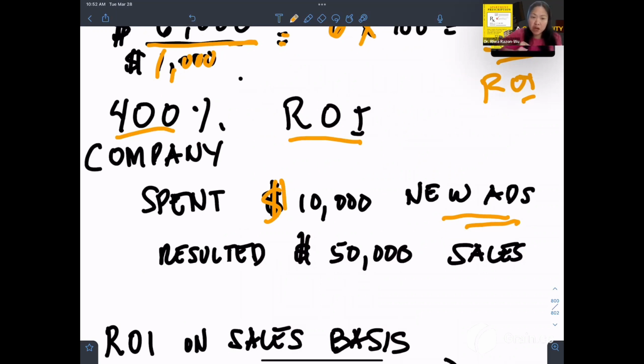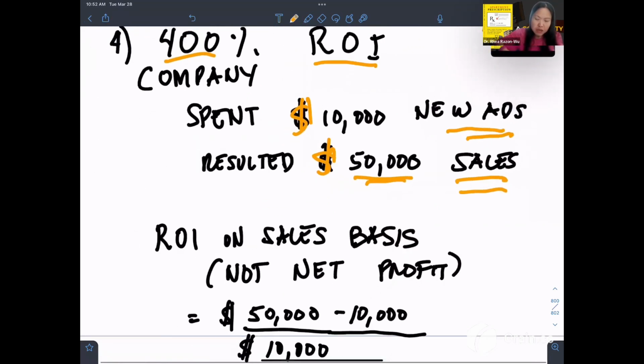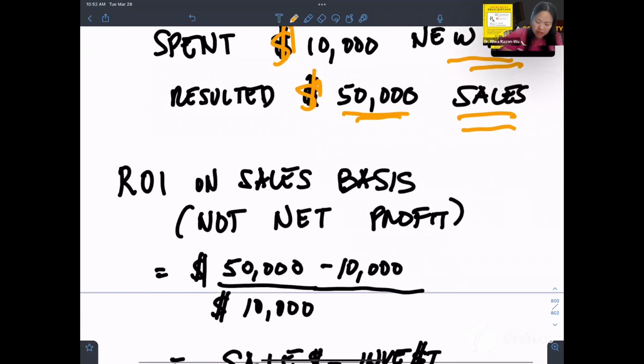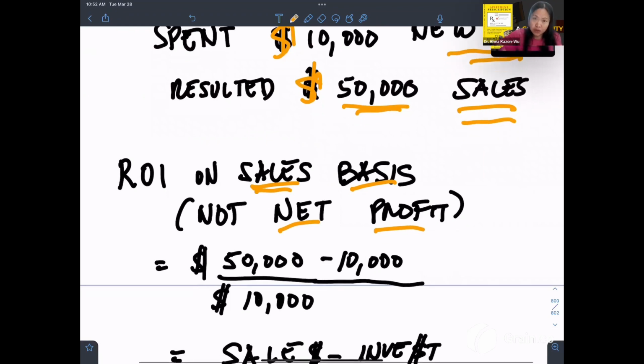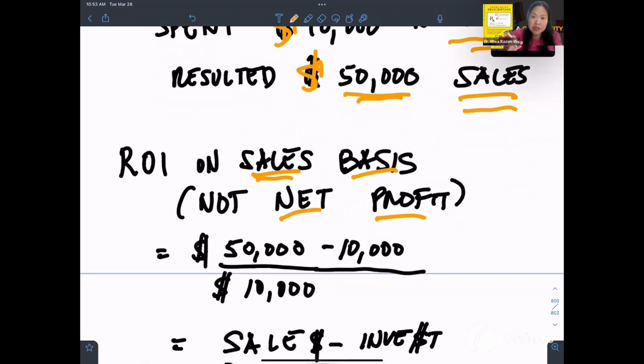And because you spent money on advertisement, that resulted in 50,000 of new sales. Now, the return of investment on a sales basis, this is not the net profit because you do have your building costs, your employee costs. This is just on a sales basis. So this computation is a little bit harder.